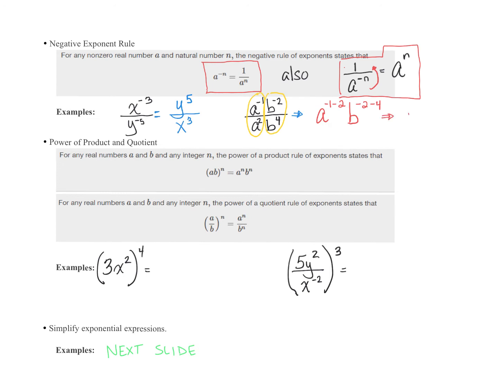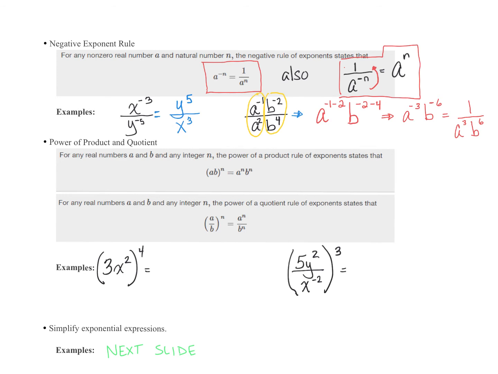So we have a to the negative 3 and b to the negative 6. And if we don't want to have any negative exponents, I can move both of those to the denominator and make those exponents positive. So here we used kind of a combination of the quotient rule.